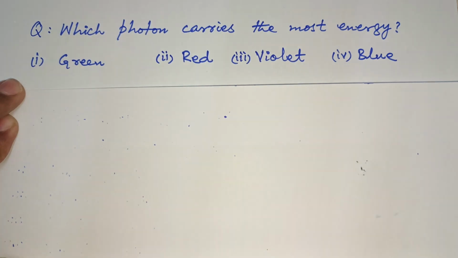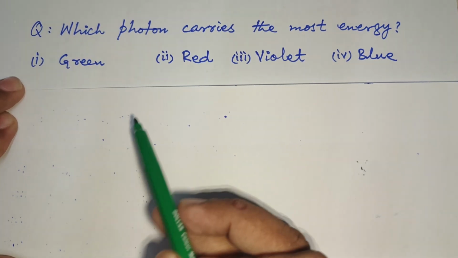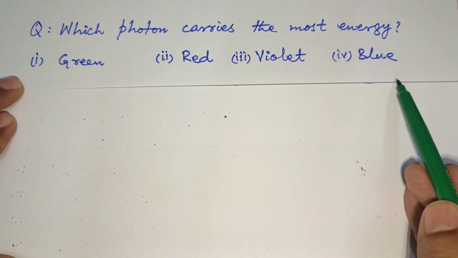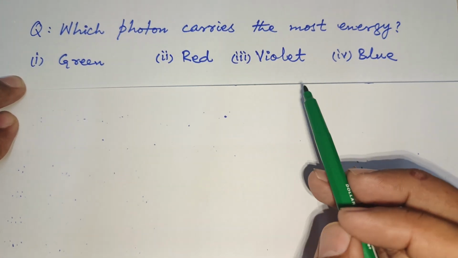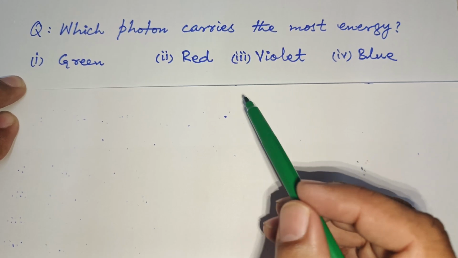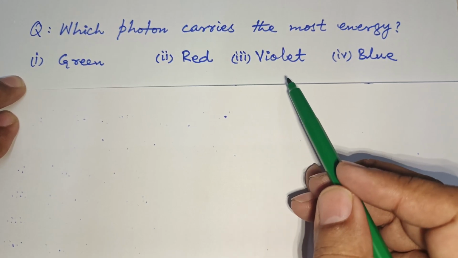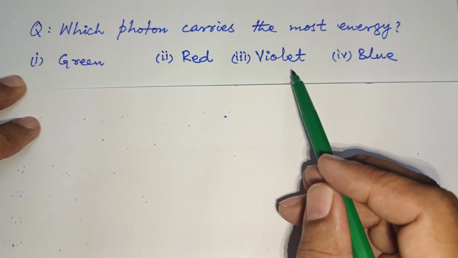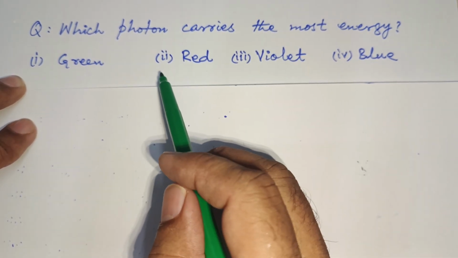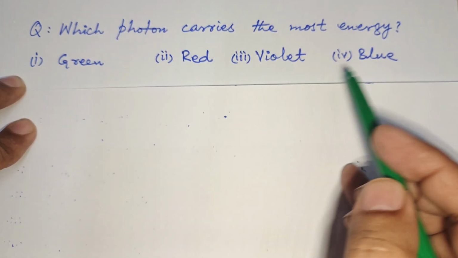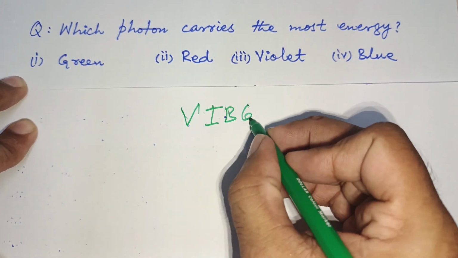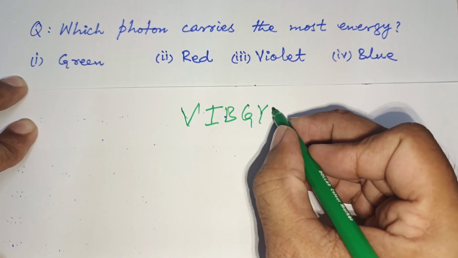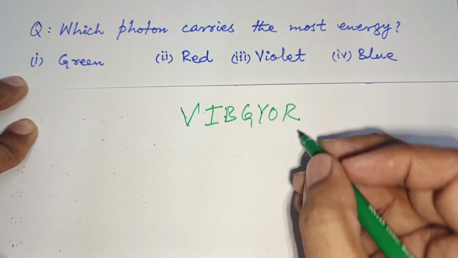Which photon carries the most energy? Green, red, violet, blue. From our electromagnetic spectrum, we know that the energy of violet light is maximum and that of red light is minimum, and green and blue lie between them. The visible region is denoted by VIBGYOR.